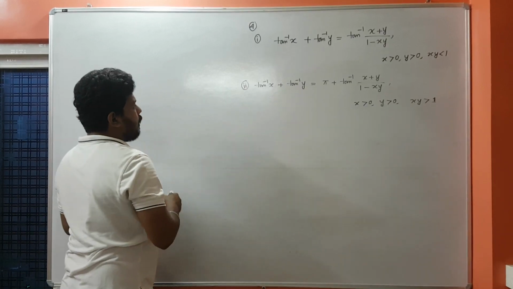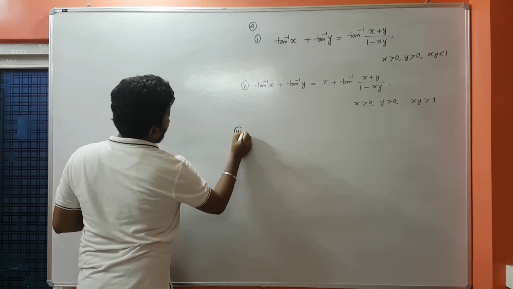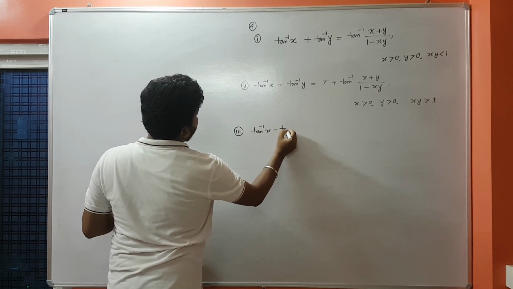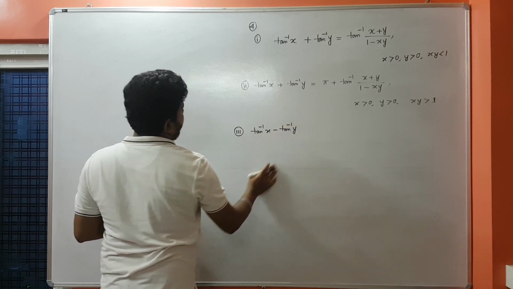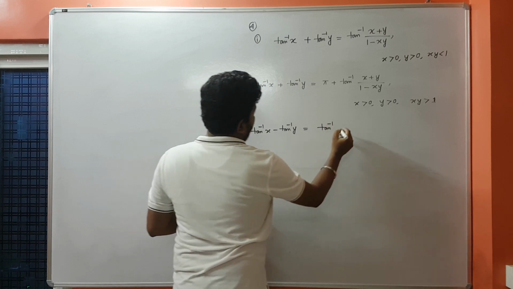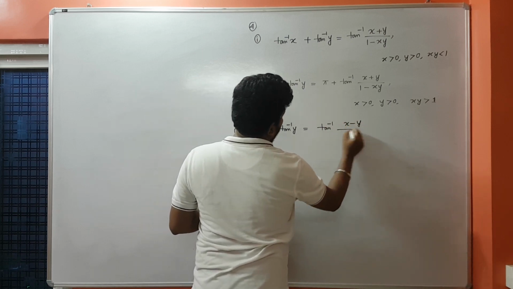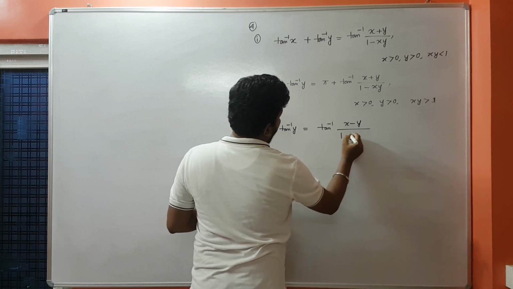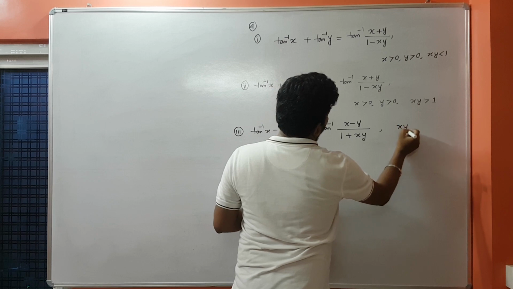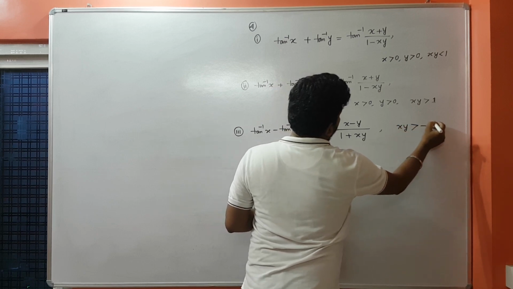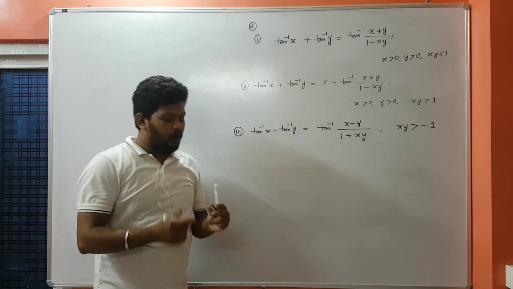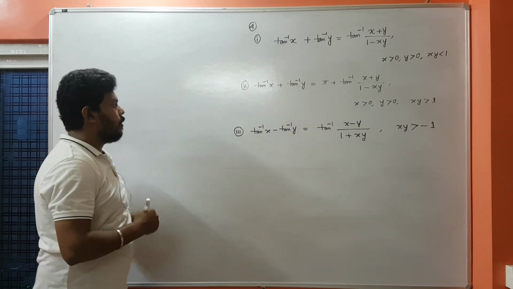And number 3: tan inverse of x minus tan inverse of y is equal to tan inverse of x minus y divided by 1 plus xy, where x into y is greater than minus 1. You have to learn these three formulae of tan inverse function.